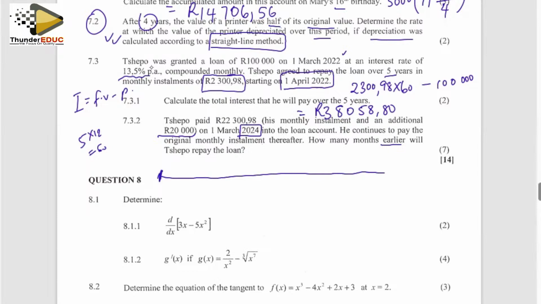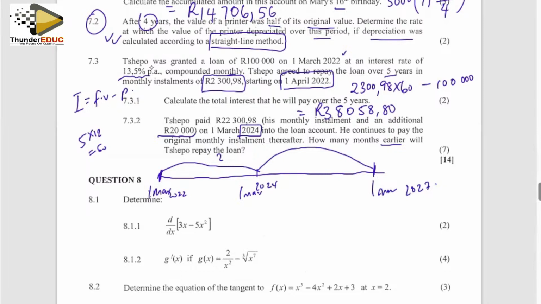Okay, so if this is the 1st of March 2022, so we have 2024. How many years are those? Around about 2 years, from March up to 1 March 2024. And then we have another 3 years up until 1st March 2027.